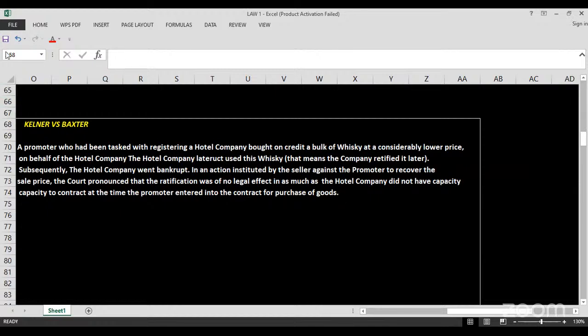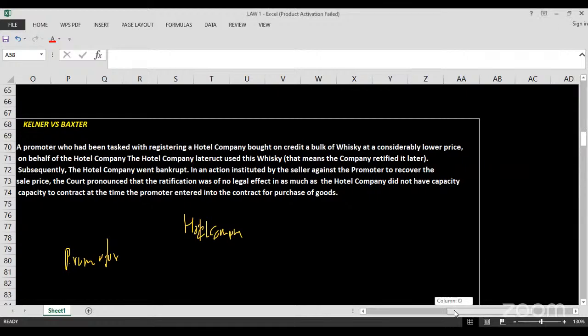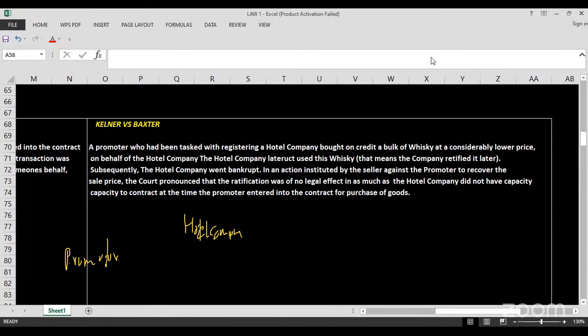Now what is this telling us? That's a promoter. There's a company called the hotel company, and the promoter has a registered hotel company.